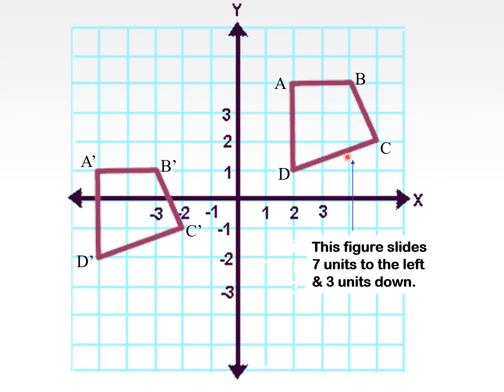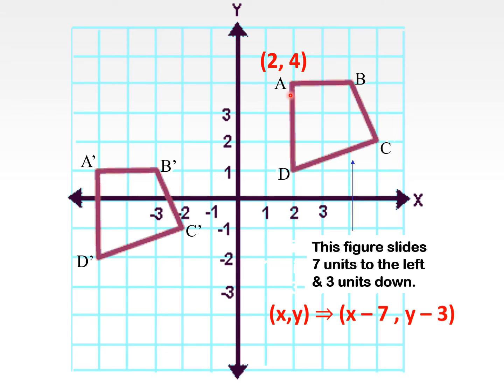Now, this figure, quadrilateral ABCD, slides 7 units to the left. So we are going to subtract 7 from your x coordinates. And then 3 units down, we are going to subtract 3 from your y coordinate. So given your x and y coordinates, we are going to subtract 7 from your x and 3 from your y.